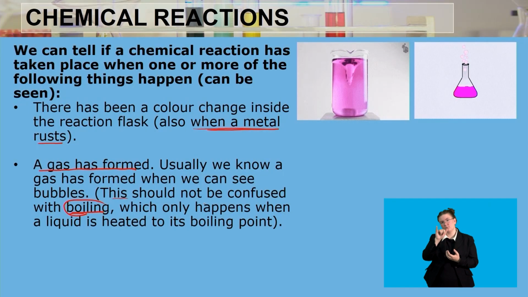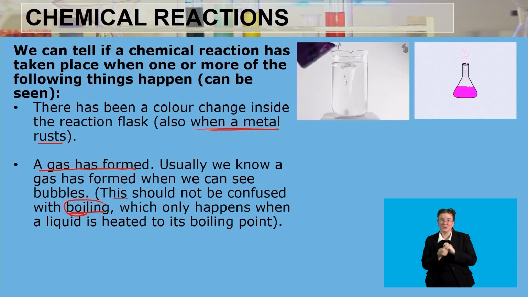Now, this should not be confused with boiling. We know that boiling only happens when a liquid is heated to its boiling point, right? So we can know that a chemical reaction has taken place by either observing a color change or seeing gas bubbles escaping from that reaction flask.